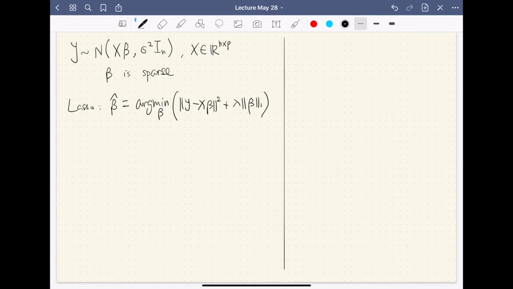If you can solve that, we then proved a theorem in the last few lectures.